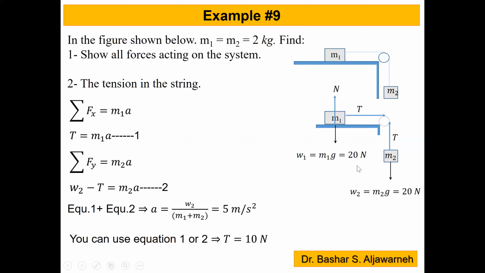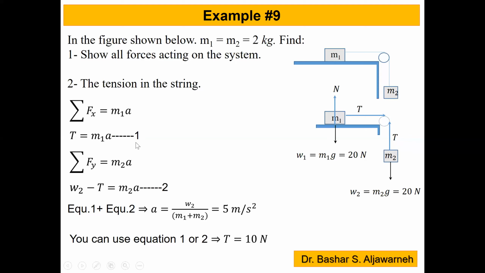Now let's go to the second mass and pay attention to the direction of the motion here. It's along the y-axis. So we will have summation Fy equals m2a, and W2, in the same direction of the motion, will be positive: W2 minus T equals m2a.